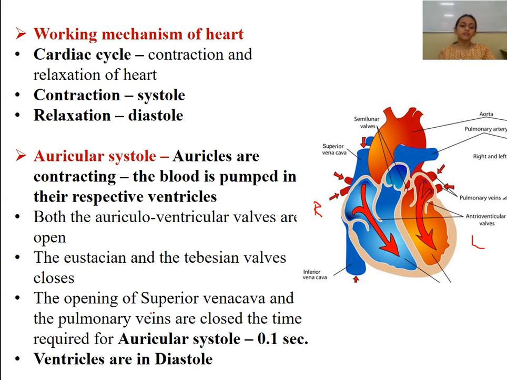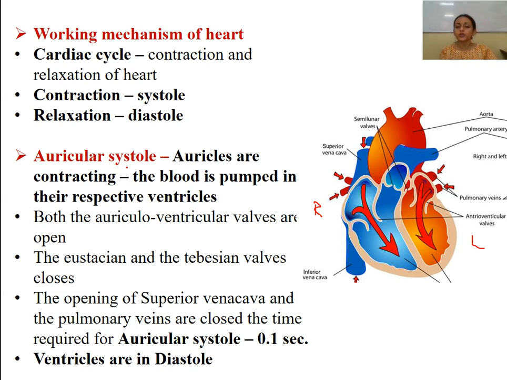Now, the superior vena cava and the pulmonary vein do not have any kind of valves. Why do they not have any kind of valve? Because their opening into the heart is in such a manner that when the heart contracts, or you can say when the auricles contract, their openings automatically close.